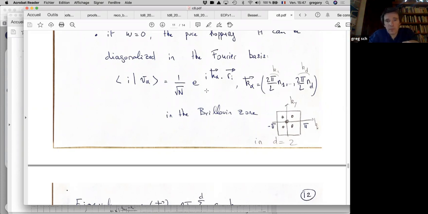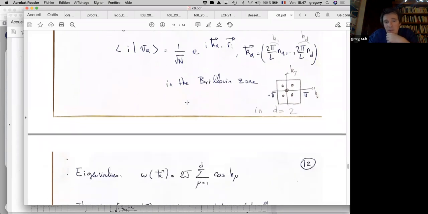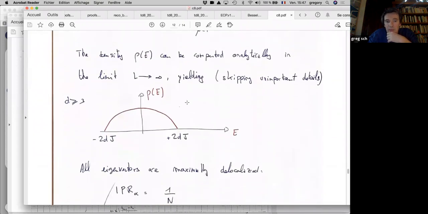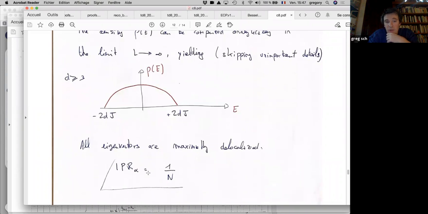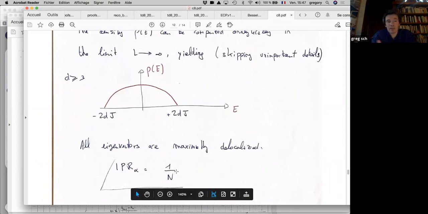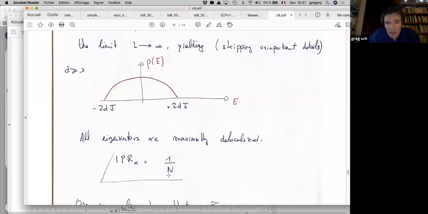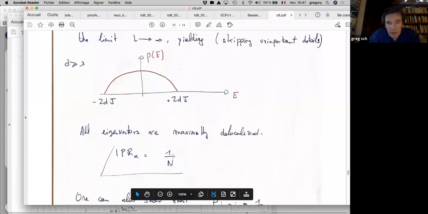These Fourier modes are maximally delocalized: if you compute the inverse participation ratio, this is just 1 over n. Typically it's 1 over n alpha, where n alpha is the number of sites over which the eigenfunction extends. Here, this is the whole sample. So when n goes to infinity, this goes to 0, and in fact this is also the smallest value that they can take.